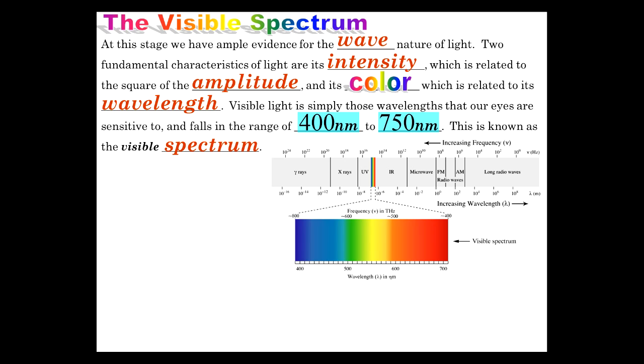So there are an incomprehensible number of different functional wavelengths in nature that we have in part access to, but our eyes only have access to this little sliver from 400 to 700, 750, depending.